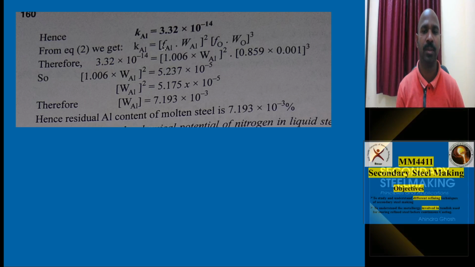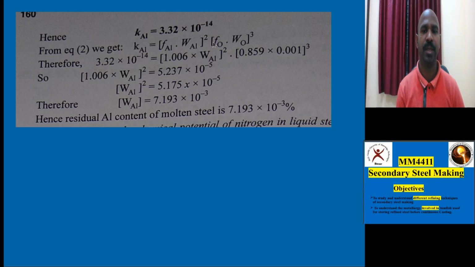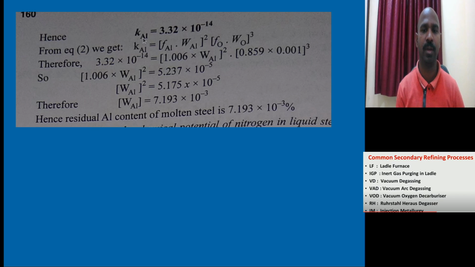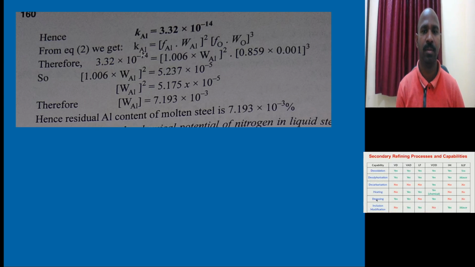From the second equation, we know f of Al calculated, the weight percent of Al we do not know, f of O calculated, the weight percent of O is given, and K of Al is calculated from the free energy equation.